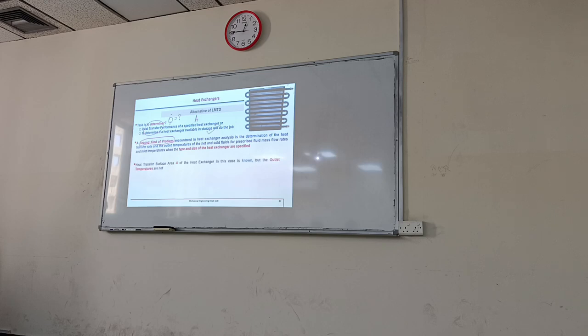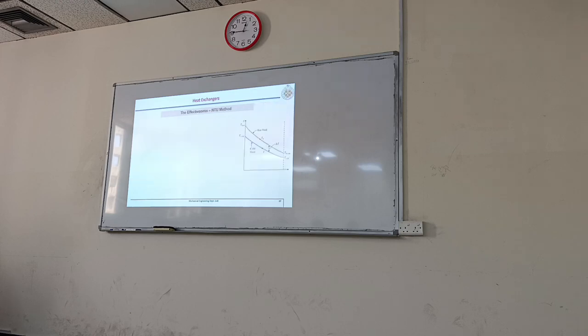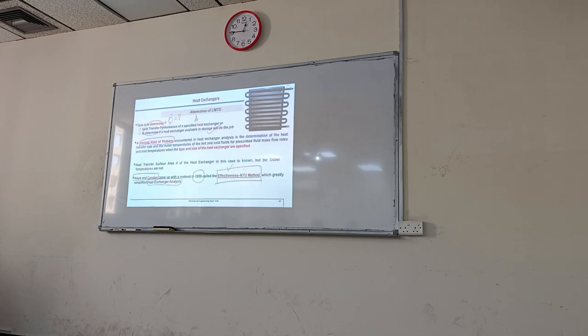We already discussed. So here is another method which was proposed by these two people, Kays and London, in 1955, and that method is called the effectiveness NTU method, which simplifies the heat exchanger analysis significantly. So now we see two more terms, effectiveness and NTU.